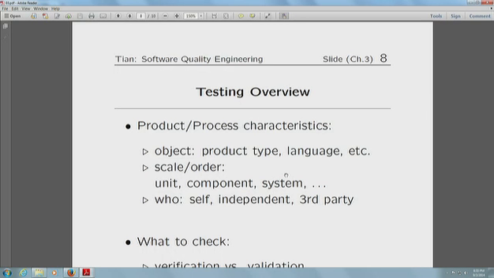So when you characterize the testing, you have to look at what kind of things you are testing: what kind of product, implemented in what kind of language, with what kind of technology. When you do the testing, at what scale? Are you testing the whole system, or a small piece of the system? And who is doing the testing? Are you doing the testing yourself as a developer, or do you have professional testers, or do you outsource?